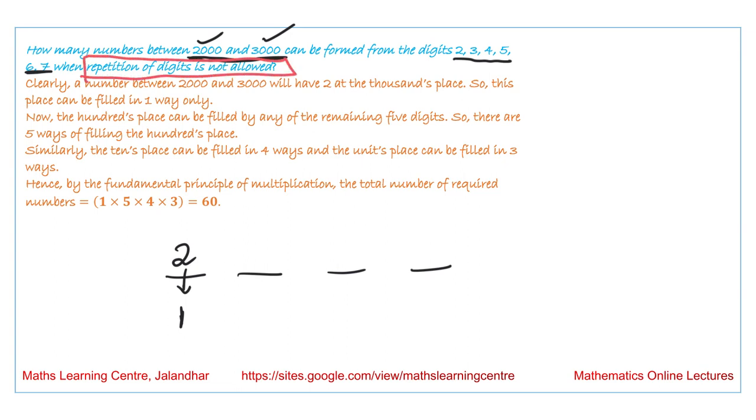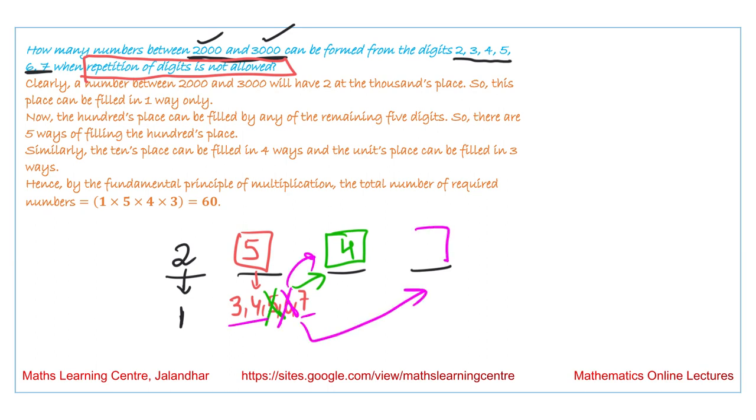So for this next place, we have to choose out of 3, 4, 5, 6 and 7. We have 5 options. For this next place, suppose one of these is chosen. For this next place, we have 4 options, and suppose one more is chosen over here. So for the next place, we have 3 options.